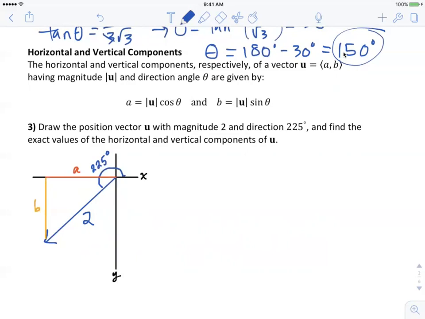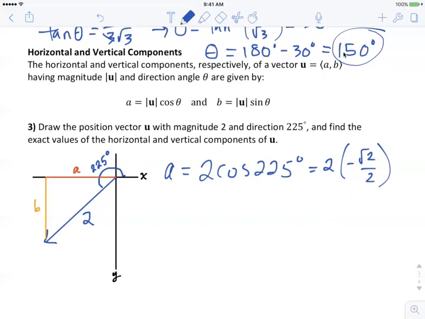So let's find A, and really all you got to do is just stick right to the formula, right? Magnitude of U is 2, and theta is 225. Right? So let's just calculate that. Let's do exact value on this one. That might pop up. Just again, pay attention to the directions, because 225 is on your unit circle. So refer to your unit circle if you don't have that memorized, but the cosine of 225 is -√2 over 2.